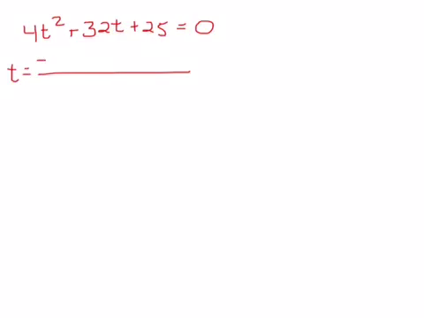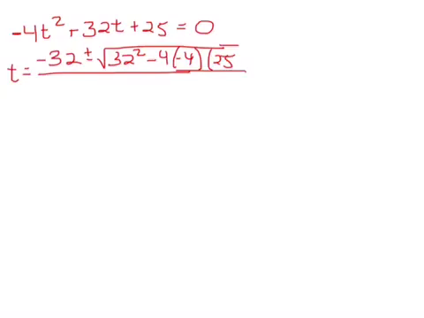Negative 32 plus or minus the square root of b squared minus 4ac. Oh, I forgot, I have negative 4 there. Minus 4 times negative 4, c is 25, all over 2a, which is 2 times negative 4.